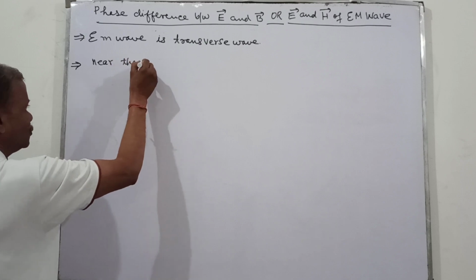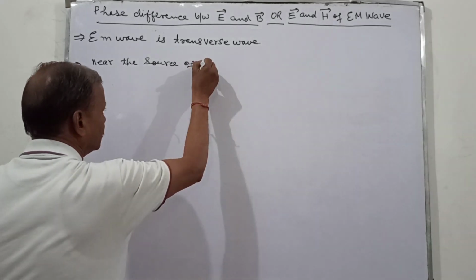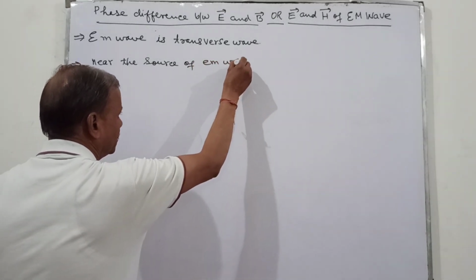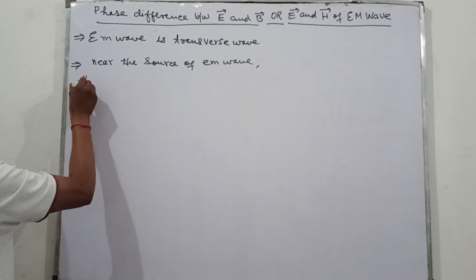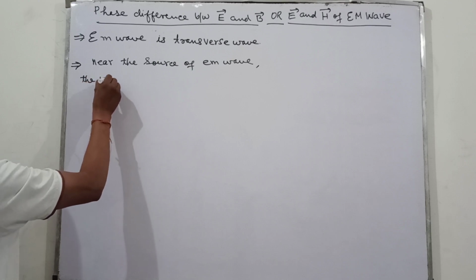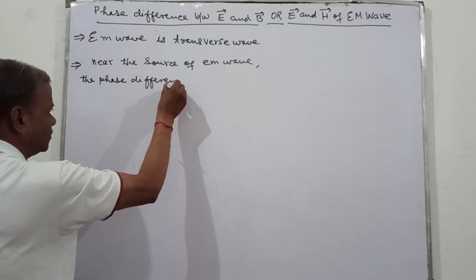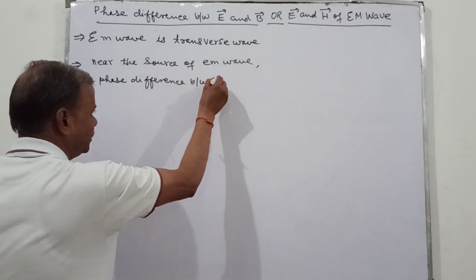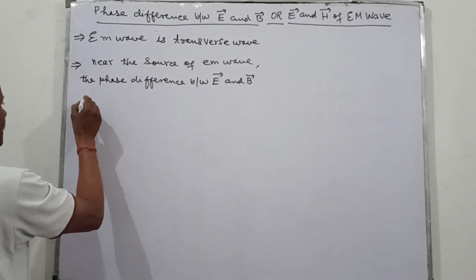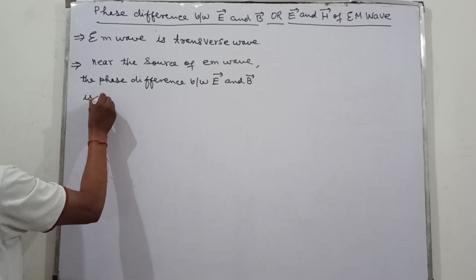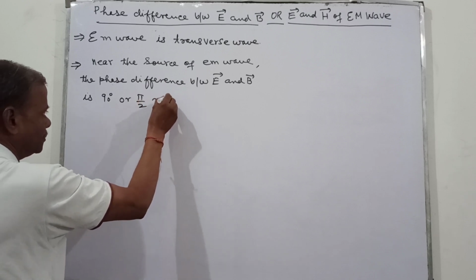Near the source of EM wave, the phase difference between E and B is 90 degree or pi by 2 radian.